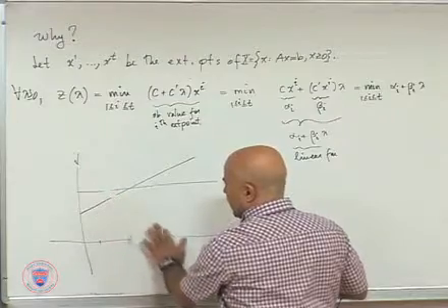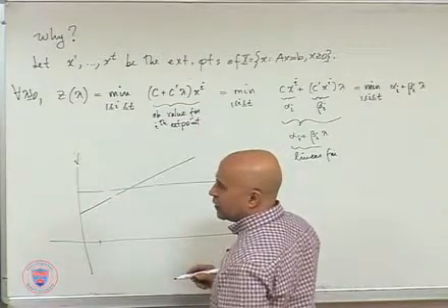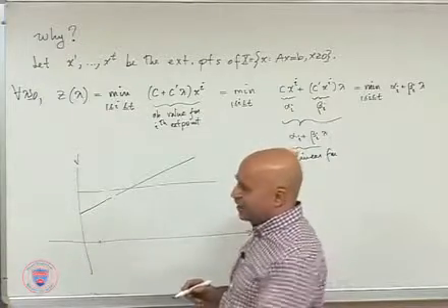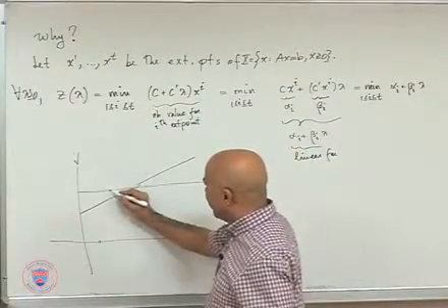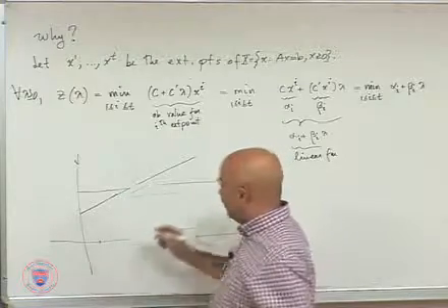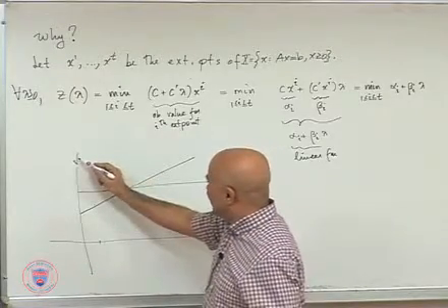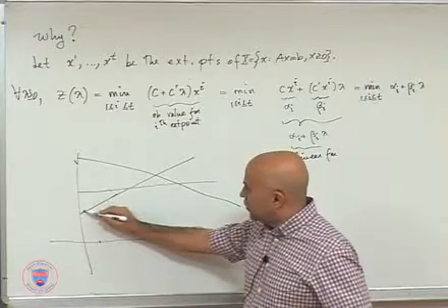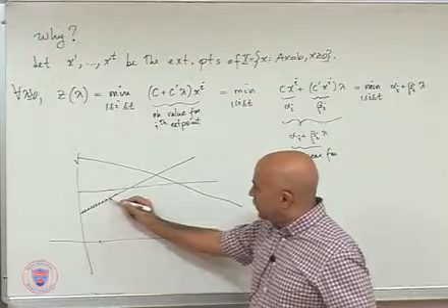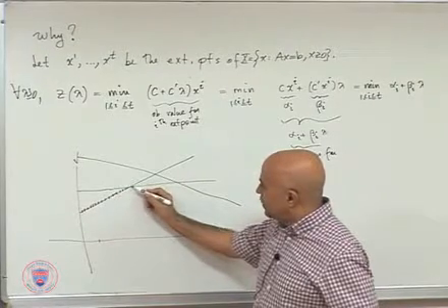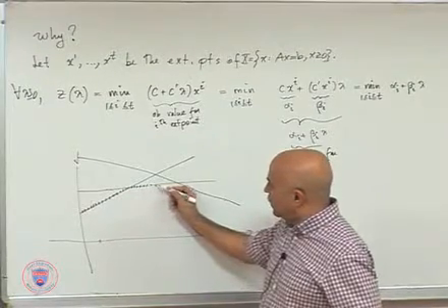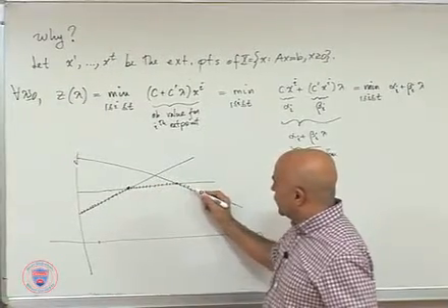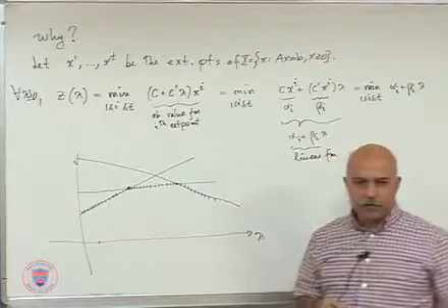Let me just erase that one. I made it incorrect. That's convex. Anyway, the initial picture was correct. I don't know why I changed it. So when you look at the pointwise minimum, it's going to pick up the smallest of these linear pieces, and then switch to another linear piece, and then another, and so on and so forth.